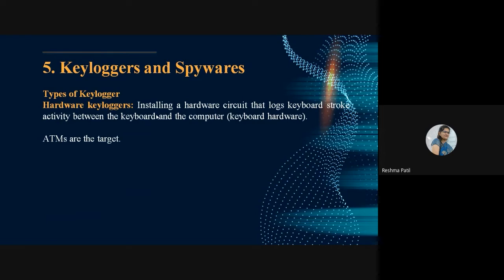So if you install a hardware circuit to get which key has been pressed, the hacker can easily get that information. Mostly this type of attack is done on ATMs, to get which ATM PIN you have entered. So for that they are using a hardware keylogger. The most common target is the ATM.